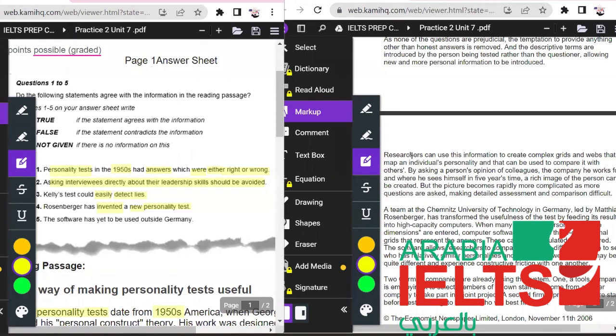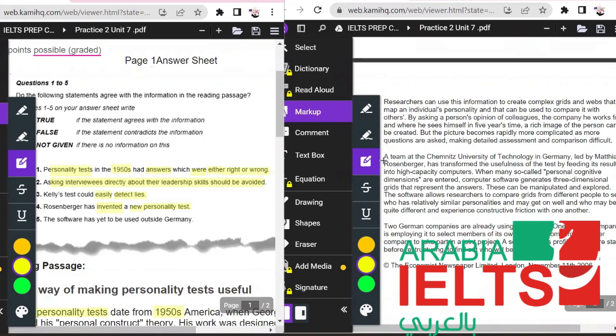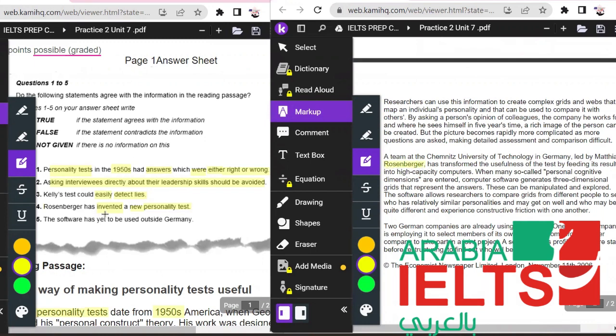So we're talking about Rosenberger, and they say invented a new personality test. Let's read this because this is basically our answer paragraph. It says he's the leader, right? Has transformed the usefulness of the tests by feeding its results into high-capacity computers.